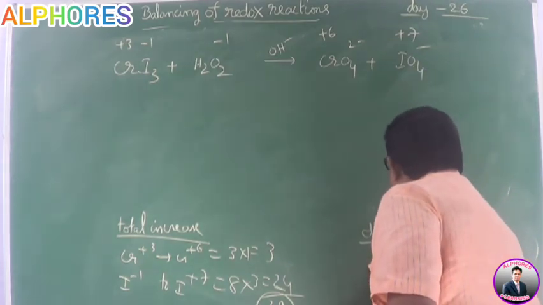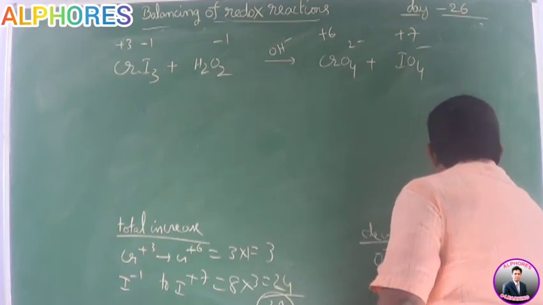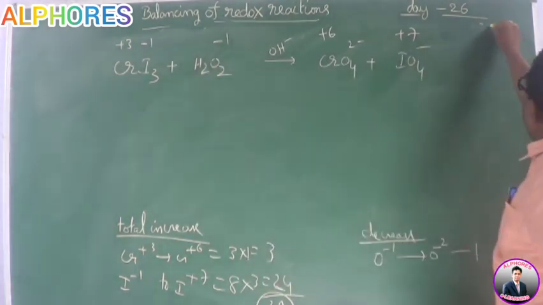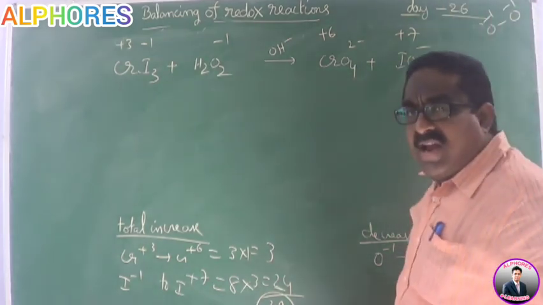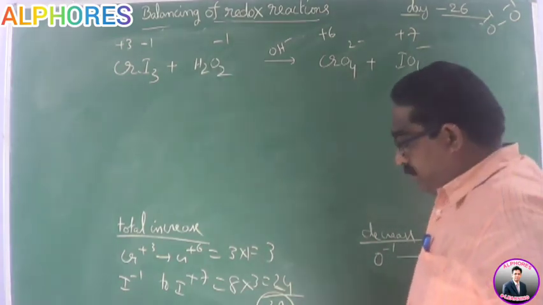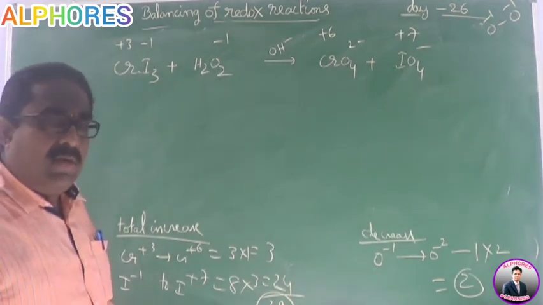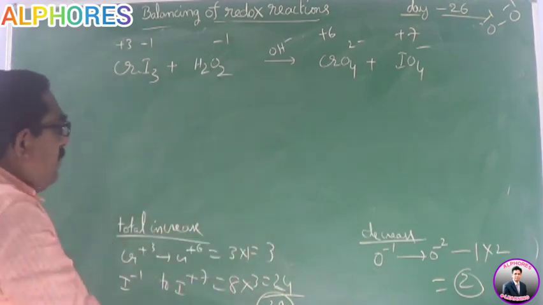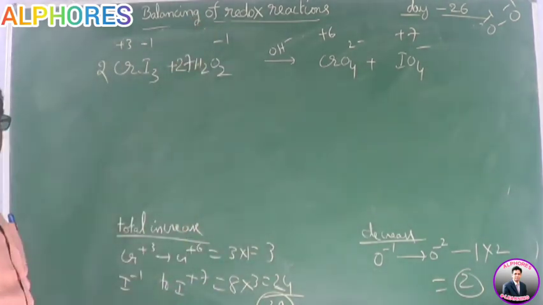The change is 1 electron, but 2 such peroxide oxygens are there, since in peroxide the oxidation state of both oxygens is minus 1, so into 2. Now I got the coefficients for balancing this redox reaction. 27 increase, 2 decrease, reverse the coefficients: 2 for this and 27 for this.